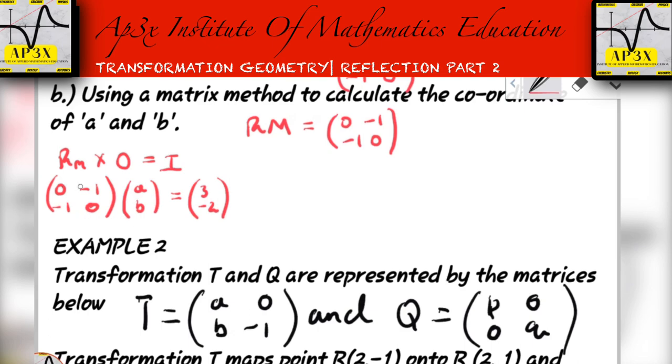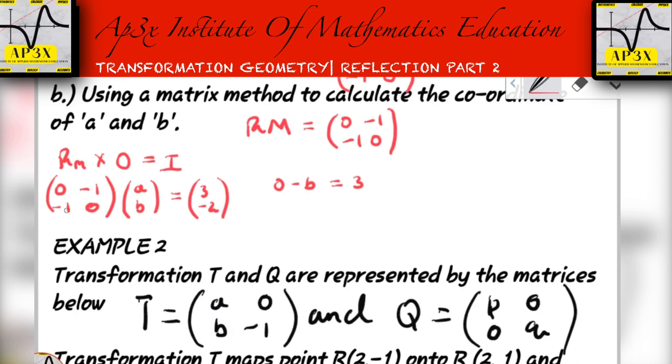So here, 0 times a gives us 0, plus -1 times b gives us -b, that's first times first and second times second. And that's going to be equal to 3.